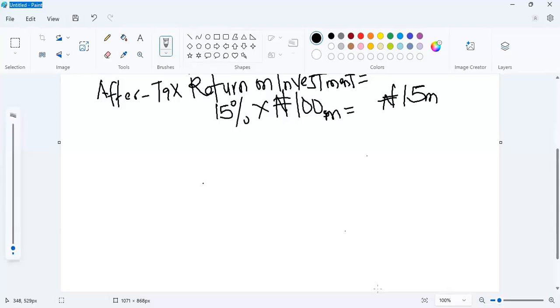I'm going to look at the profit after tax, my retained earnings, my current assets.